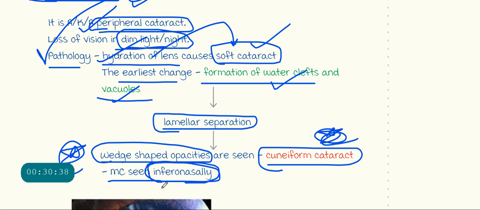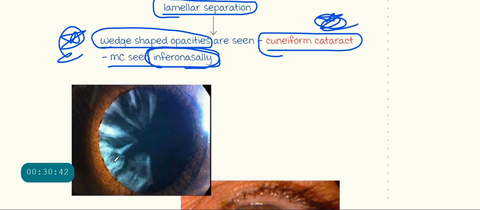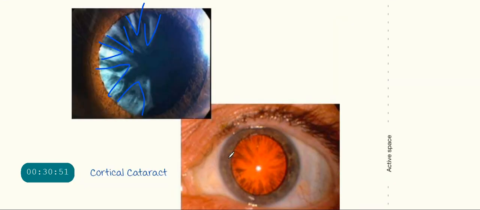That is the part in the eye. You can clearly see over here conifer cataracts. This is another image. Conifers are nothing but conical structures in the eye at the periphery. So this is the site of location.